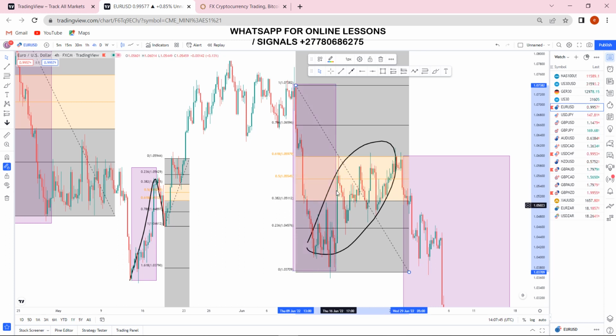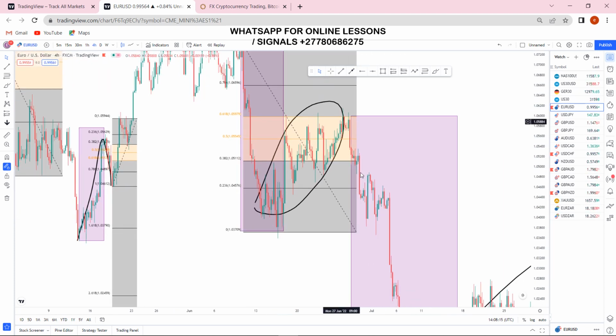So if you had entered a sell somewhere around here, the market would have been just playing around and creating unnecessary drawdowns, and it was a very huge, big corrective structure, but overall the market eventually dropped. So that's why, again, it's important to analyze so that you know where to place your stop loss, you know when to exit as well, right? So as you can see, market dropped after hitting our golden level.